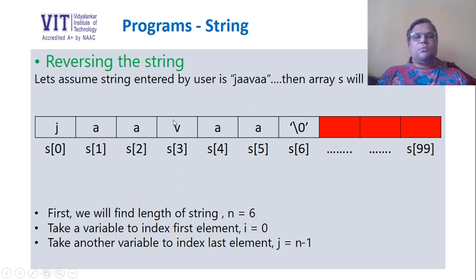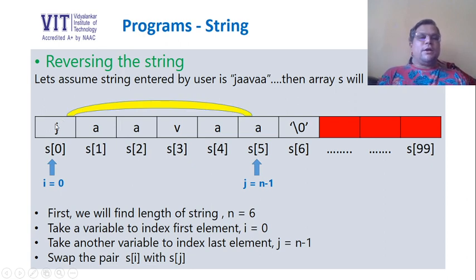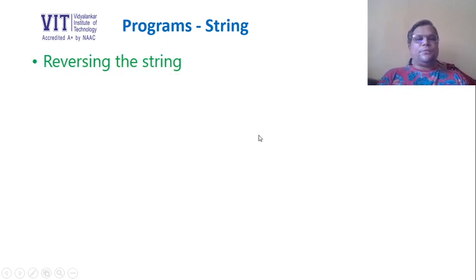The last element of the string is this A, and the index of that is 5, that is n minus 1. We will take J whose initial value is n minus 1, and then we will swap the pair Si with Sj. So I is pointing here, J is pointing here, so we will swap this pair, Si with Sj.